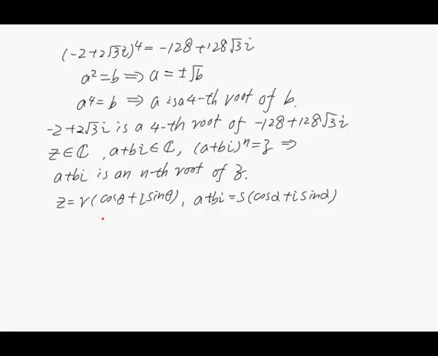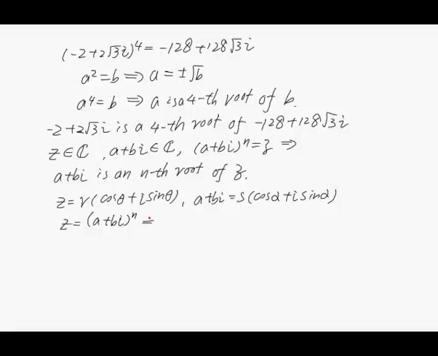Then from z equal to the nth power of a plus bi, because a plus bi is the nth root of z, right? So the nth power of a plus bi is equal to z.